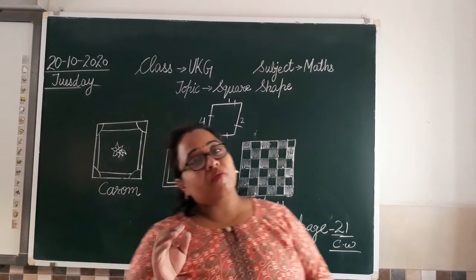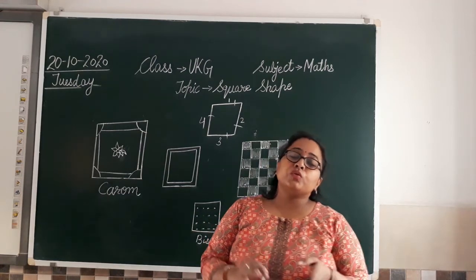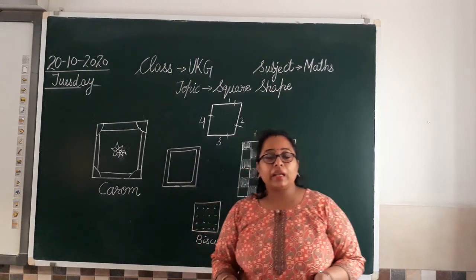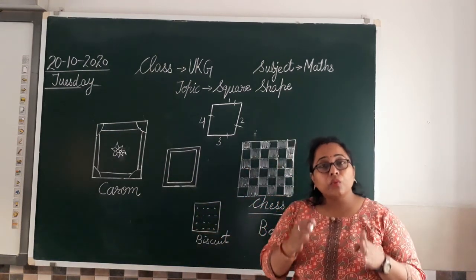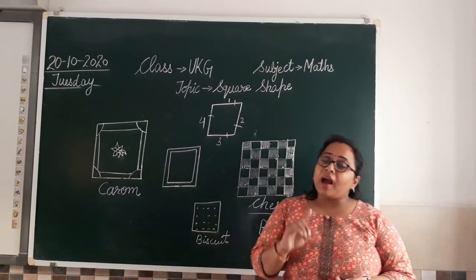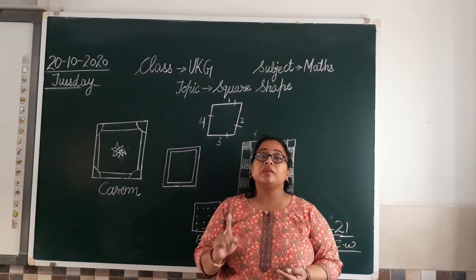So class, you have understood about square shape now, and how you are going to do your today's classwork and homework. So all these things are clear to you. Repeatedly I am telling you once again, square is the shape having 4 sides and all these 4 sides are equal to each other.